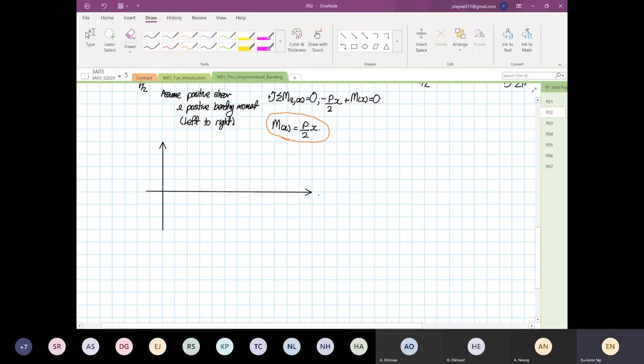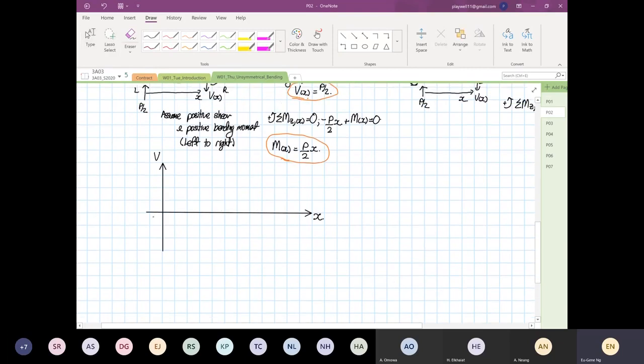So this is X. This is your V, shear force. So what we realize is, I'm going to call this 0, and then we have L over 2, and then we have L, right? So when we were to construct or draw this out, we know that it will come to here.